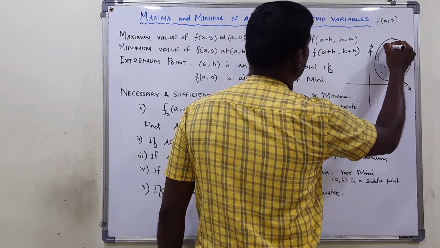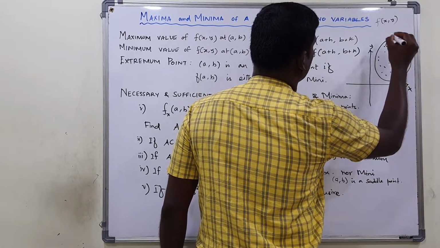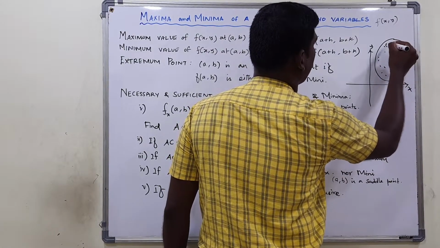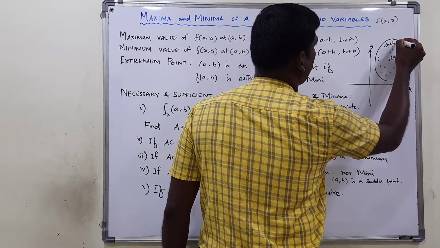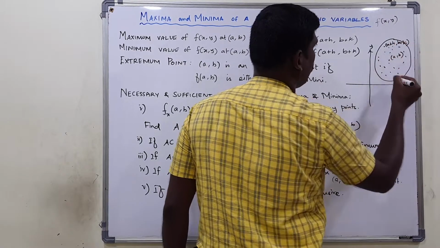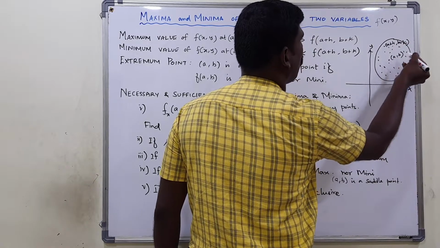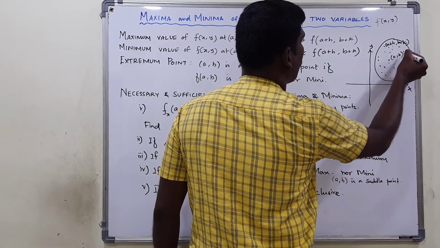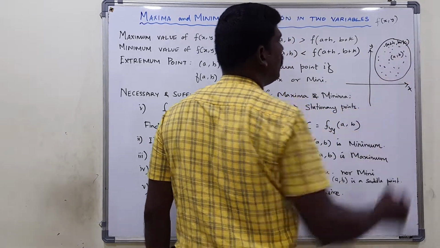Okay, so let us take one point on this neighborhood, maybe a plus h comma b plus k, right? By adding some small values to a and b, you can get any points on the neighborhood, right?